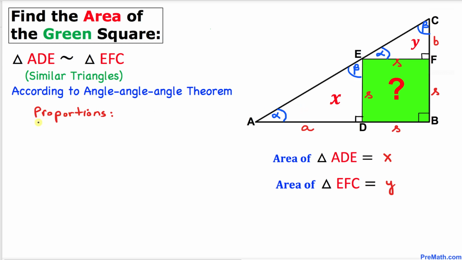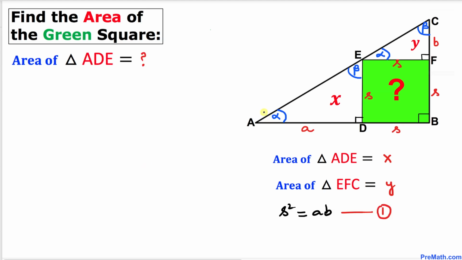So I can write s over a equal to b over s. Now let's cross multiply, which gives us s times s, that is s square, equal to a times b. Let me call this equation number 1.